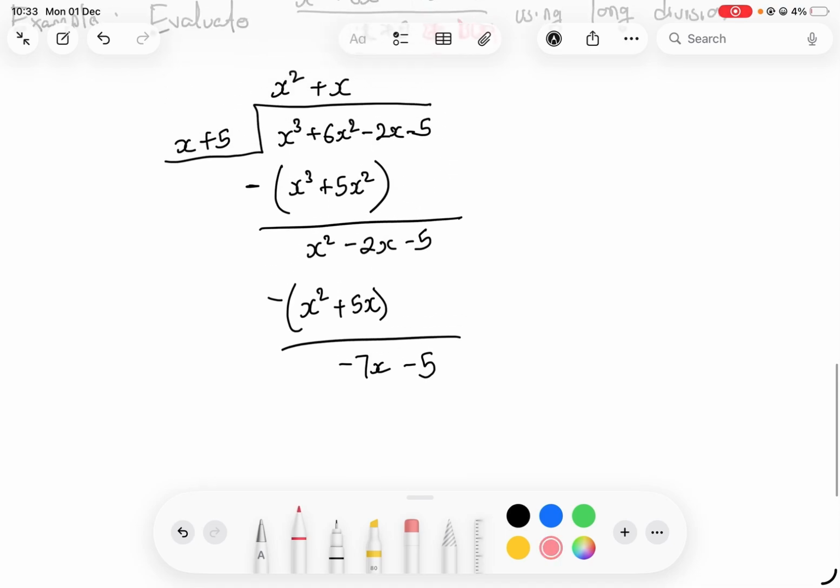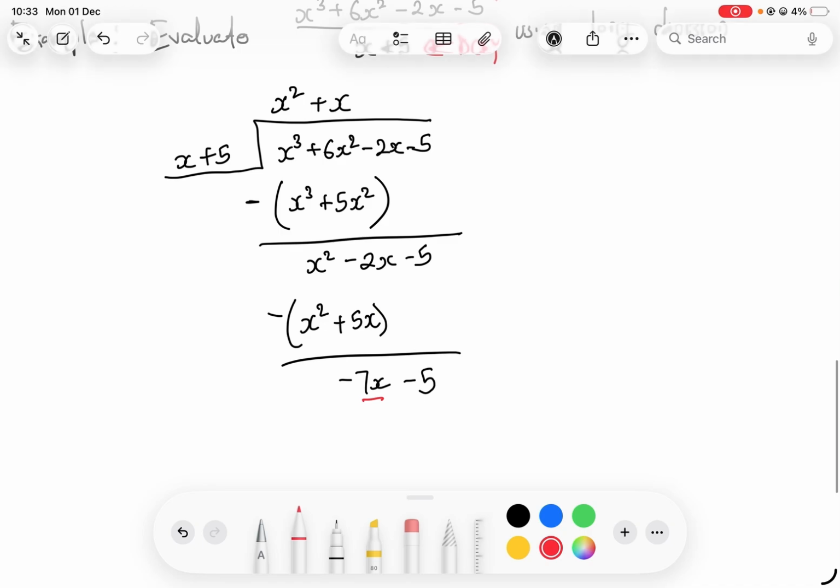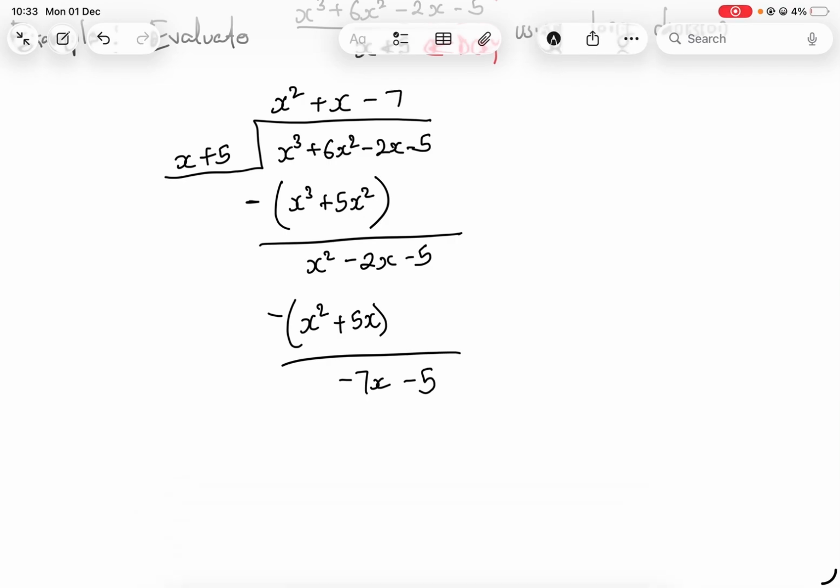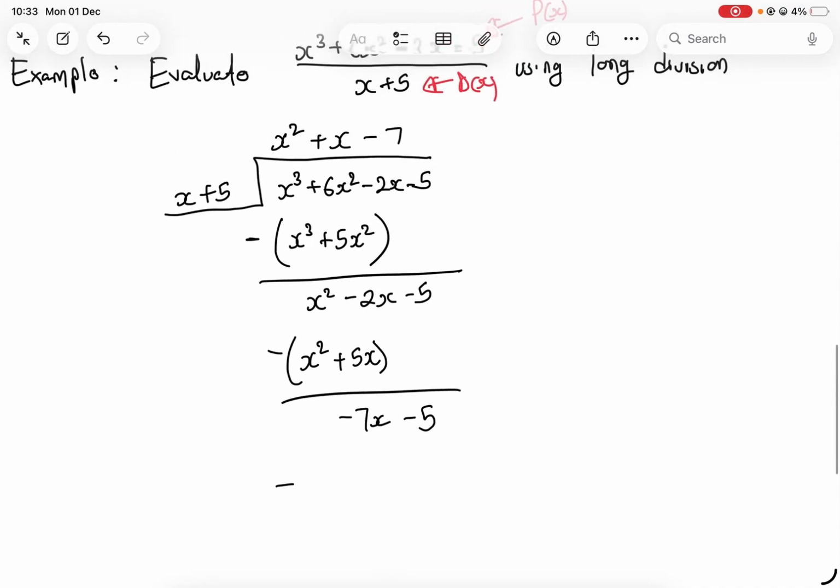Same procedure again, highest power of this one divided by this one. So minus 7x divided by x, I'll get minus 7. Then minus 7 times x, minus 7 times 5, I have to first open up a minus sign, then minus 7 times x, it's going to be minus 7x, minus 7 times 5, it's minus 35.